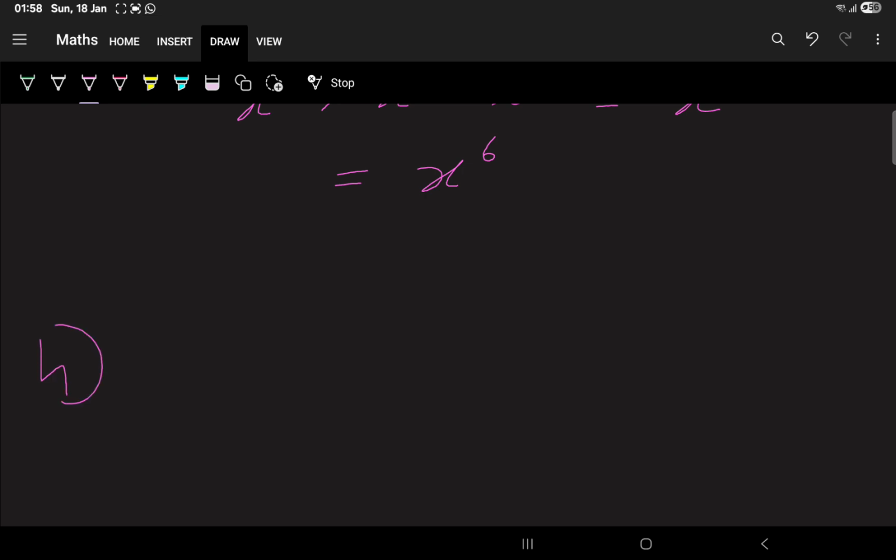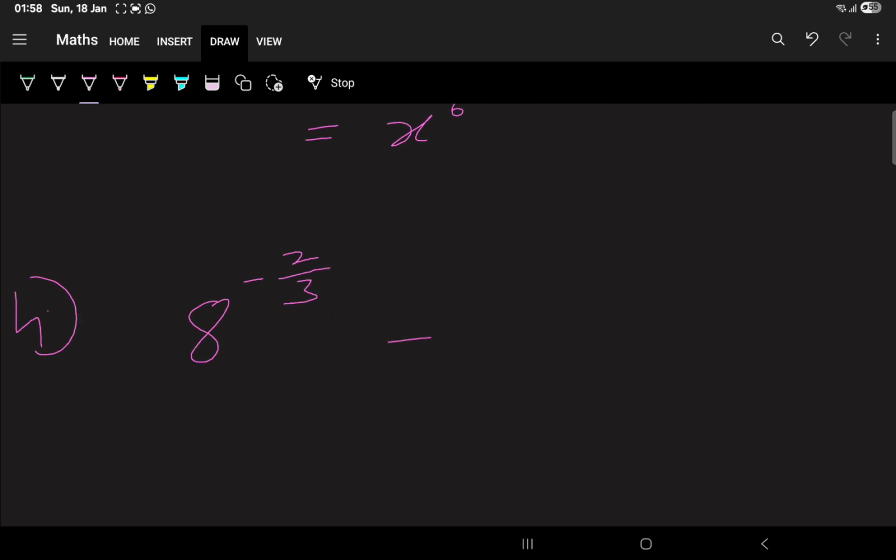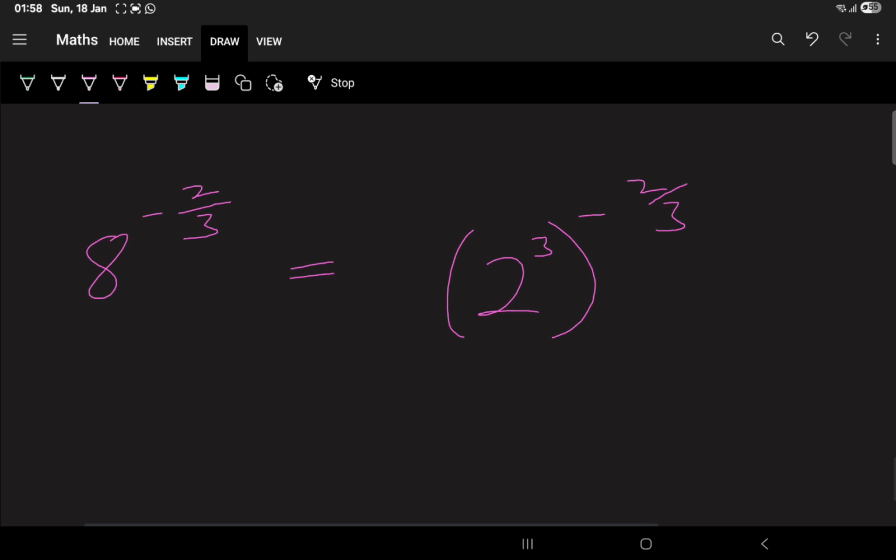Moving on to the next question, we have 8 raised to the power of negative 2 over 3. Now 8 can be written as 2 raised to the power of 3, and this is raised to the power of negative 2 over 3 from the original question.